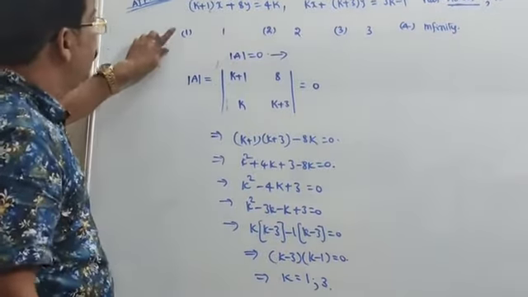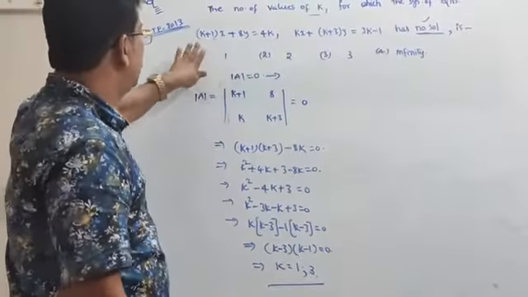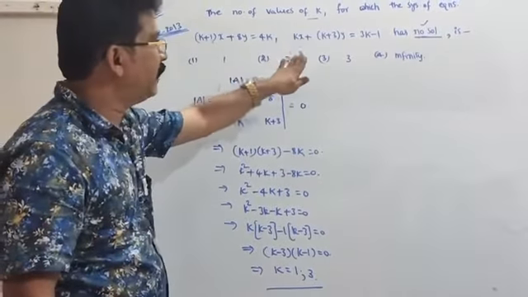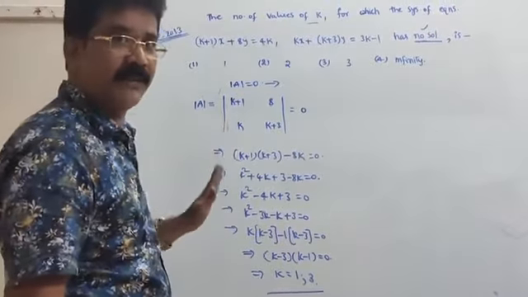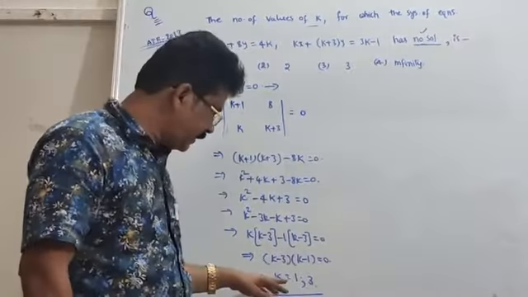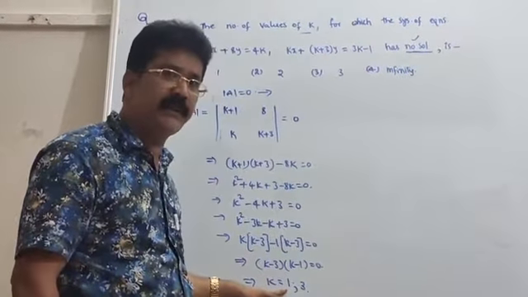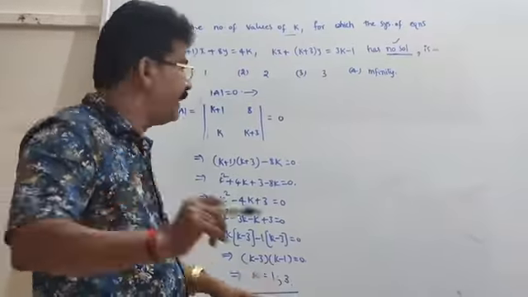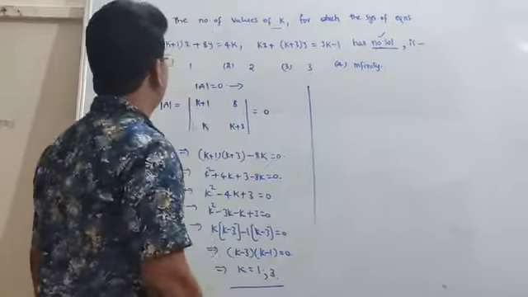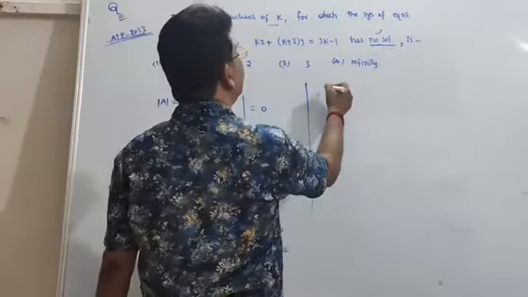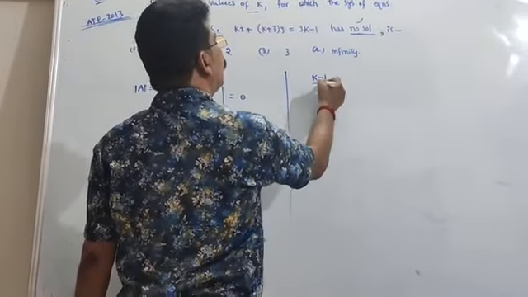But see the options: it is given only one number or infinite numbers. That's why we have to discuss the cases separately, k equal to 1 and k equal to 3. For example, let us consider k equal to 1.